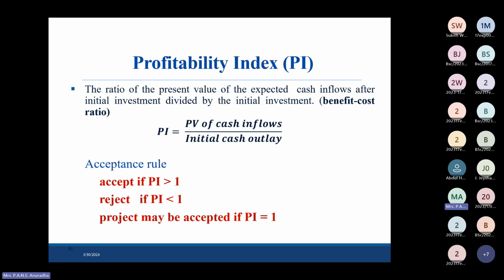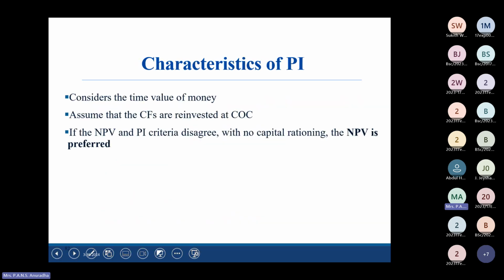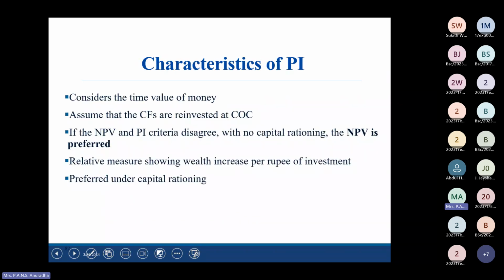Normally if the profitability index is greater than 1, we can accept the project. If it is less than 1, you can reject. If it is equal, either you can accept or reject. If you look at the characteristics of the profitability index, this is a time adjusted cash flow based technique, because you calculate it based on the present value of the cash inflows divided by the initial cost.